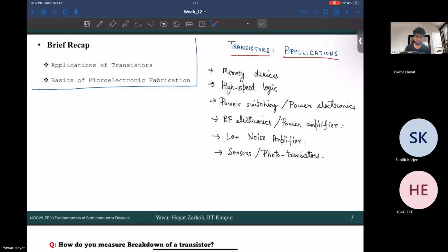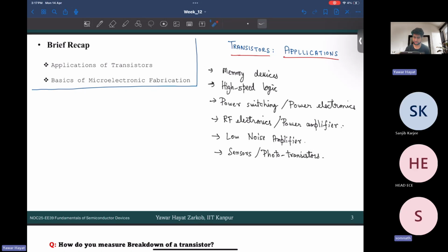The crux of the week 12 content was to know which kind of transistor is used in which application: what kind of transistors are used in memory, in high-speed logic, similarly power switching, RF electronics, low noise amplifier, and sensors. Also, you were supposed to know what it takes for a transistor to qualify for a particular application.